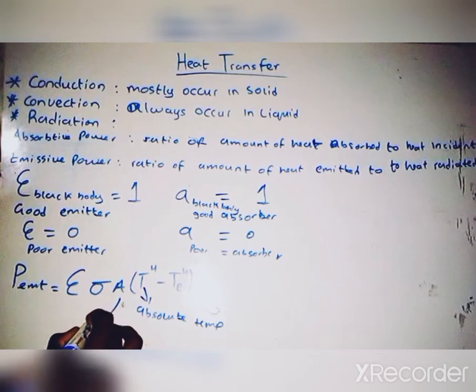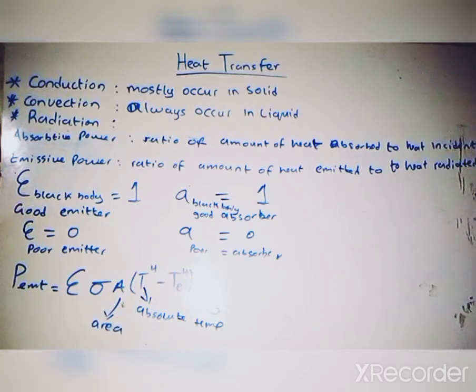A is area. When we are not given the area in a question, but they tell us we are dealing with a circle or a sphere, we use the formula for area of a circle or area of a sphere, depending on what they give us.